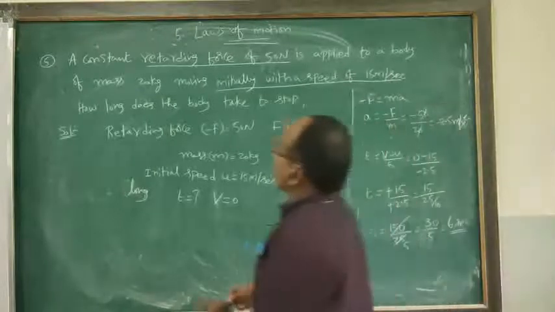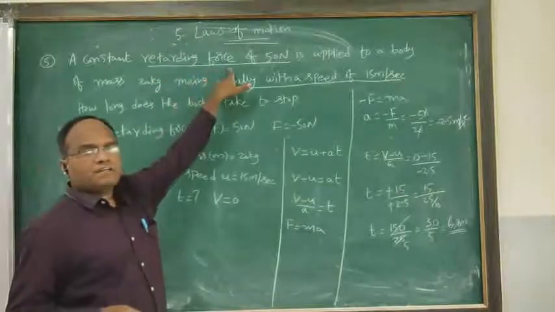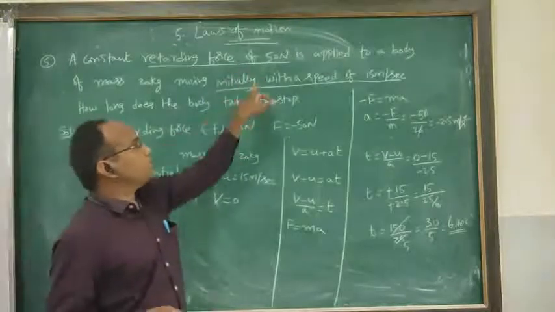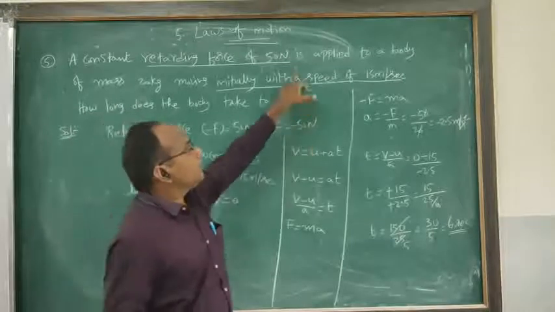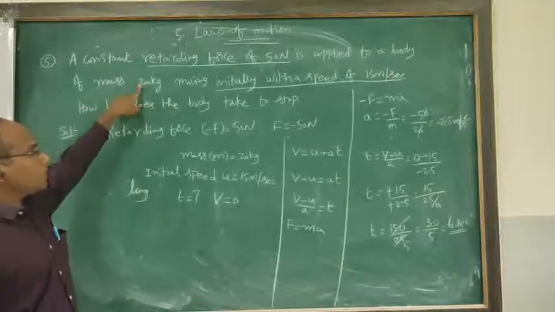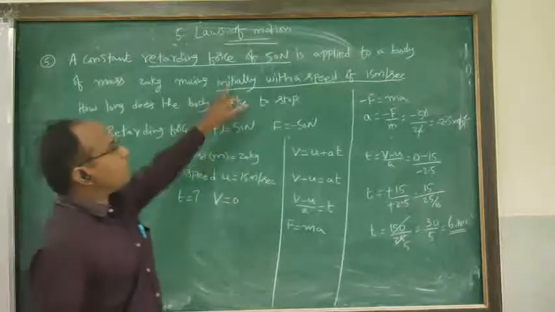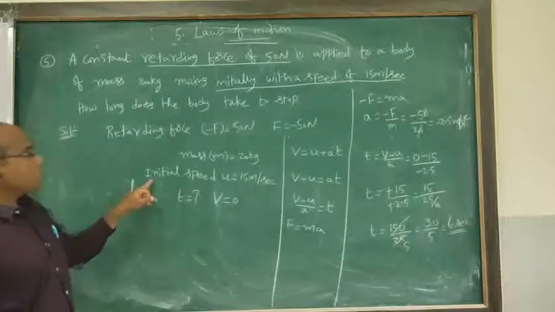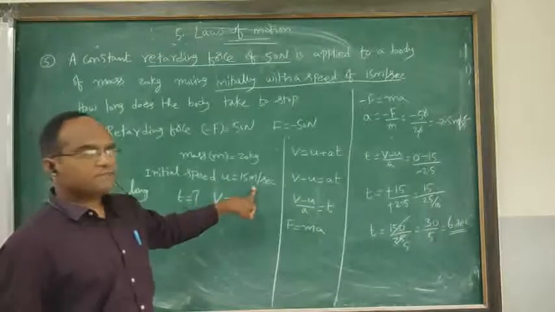Once again, you see a constant retarding force. Retarding means negative force. So F is equal to minus 50 Newton is applied to a body of mass 20 kilogram. So mass is 20 kilogram. Initially with a speed of 15 meter per second, initial speed is u is equal to 15 meter per second.